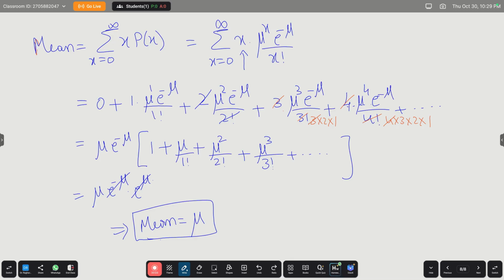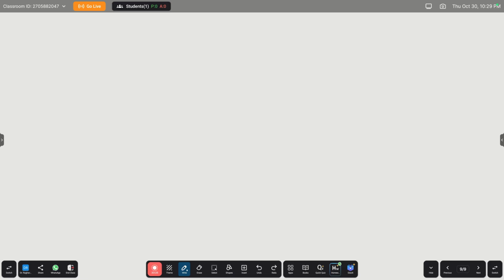Okay, moving on, now we will try to prove that variance is also mu itself. Let me start with the general formula for variance. Variance, which is denoted by sigma square, the general formula is summation x square p of x minus mu square, x running from 0 to infinity.